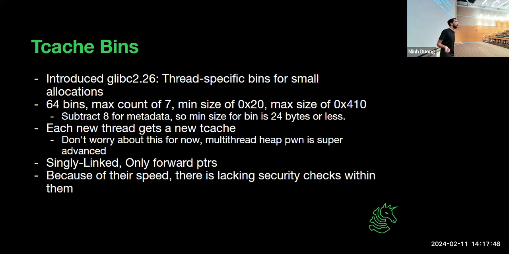They are not implemented in malloc. This was added as a new feature in 2.26 and beyond. I think right now the latest version of glibc is 2.39, and Ubuntu 22.04, which is what most people are on if they're grabbing Ubuntu off of the internet, is on glibc 2.35. And so a lot of malloc exploits will change slightly depending on which version of glibc you're on as they implement more patches and whatnot.